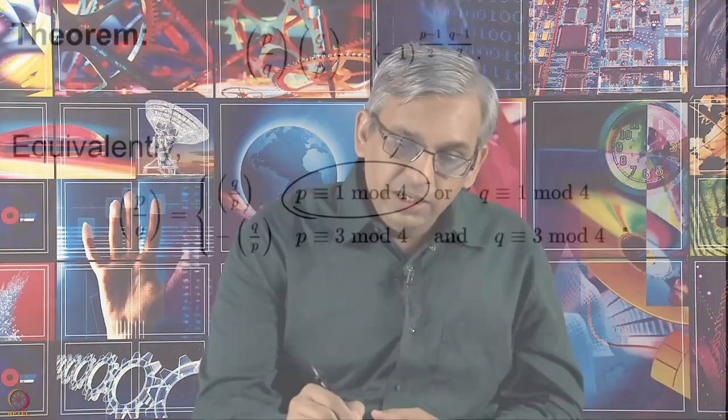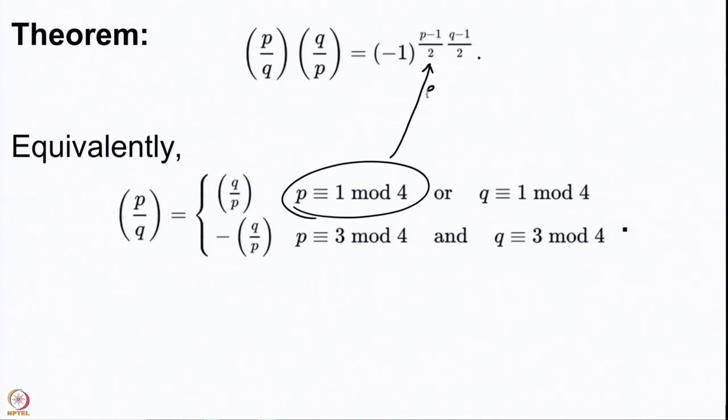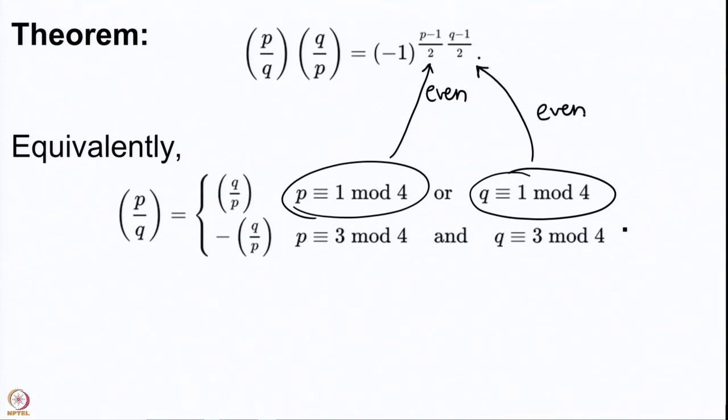This is because whenever P is congruent to 1 mod 4 or Q is congruent to 1 mod 4, one of these quantities is even. Suppose you have only Q congruent to 1 mod 4, then (Q minus 1)/2 is an even number. We restrict our attention to -1 to the power (P minus 1)/2.